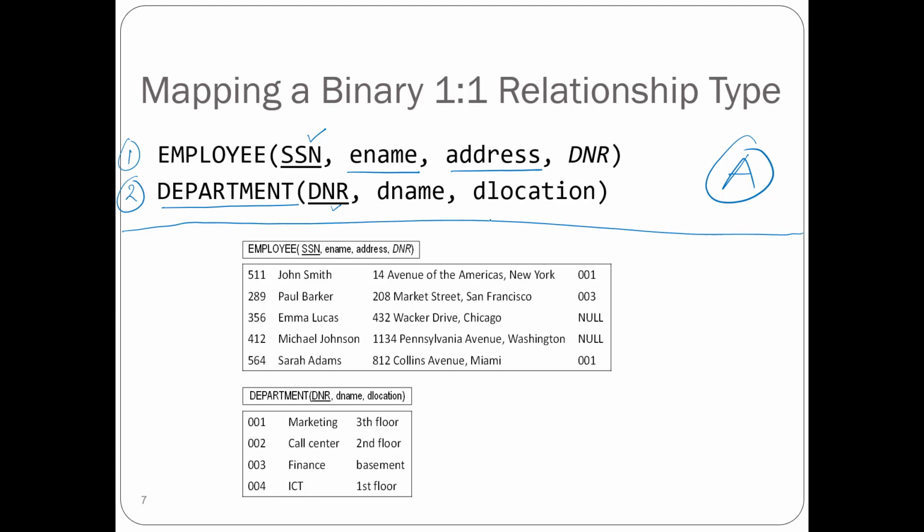Now what has been done here? The question arises, why did we add this attribute, which is DNR, to employee? Okay, the reason is that we have to provide the mapping of the diagram to the relational data model. And this in fact is going to serve as a foreign key, and we did learn about these things, right?